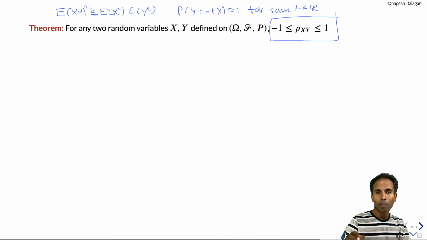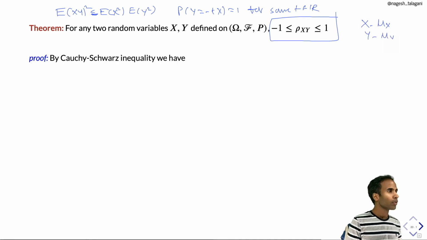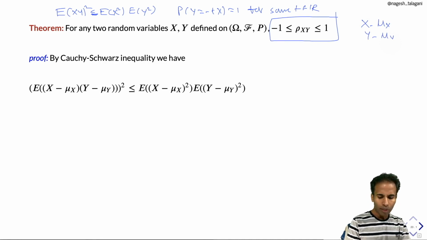So I'm going to apply the Cauchy-Schwarz inequality for the random variables X minus mu X, Y minus mu Y. Okay. So by the Cauchy-Schwarz inequality, we have the expectation of (X minus mu X)(Y minus mu Y) whole square less than or equal to expectation of (X minus mu X) whole square times expectation of (Y minus mu Y) whole square.